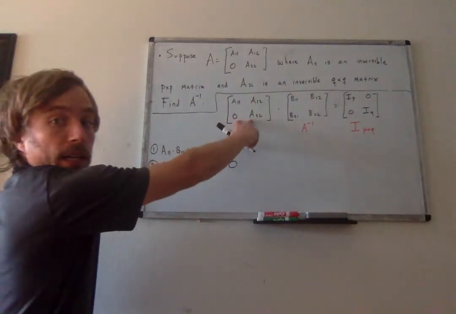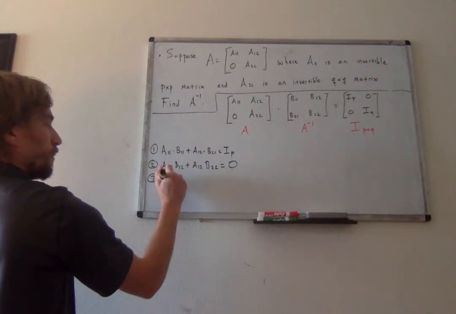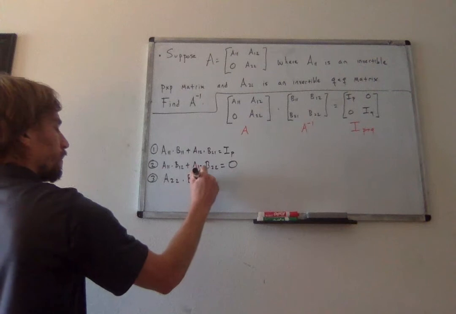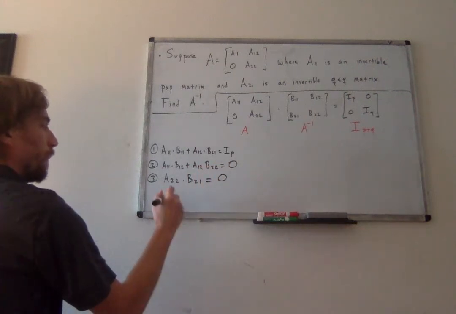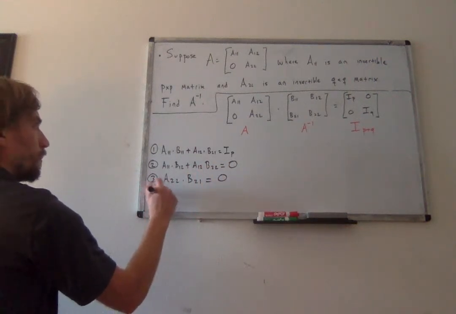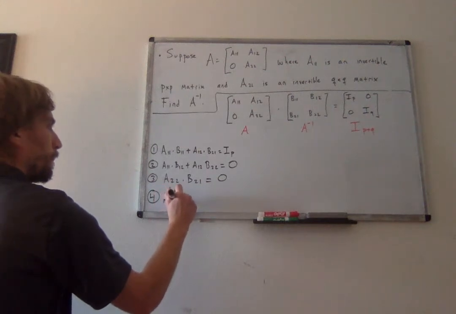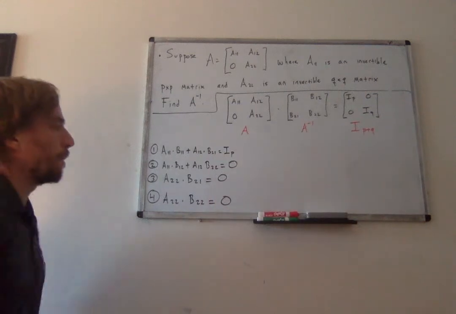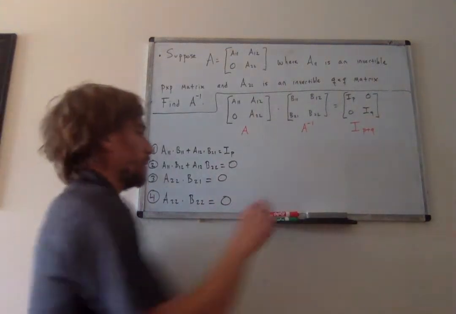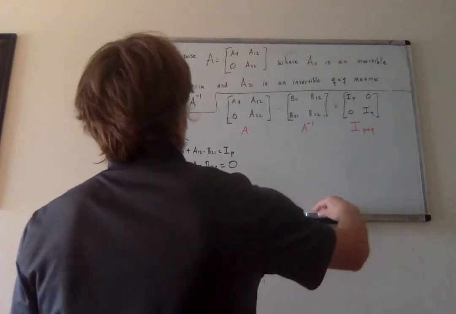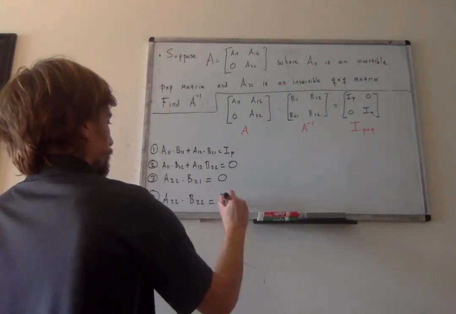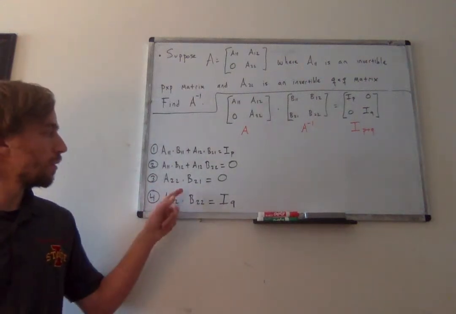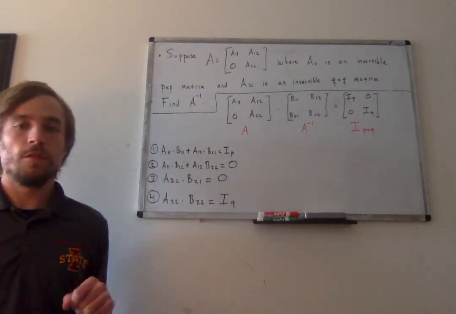Notice we have a 0 here. Oh, nope, that's not equal to 0. That's equal to I sub q. So, 4 equations, 4 matrices.